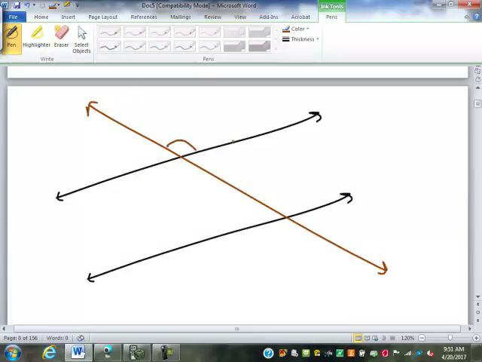If I tell you that this angle here is 127 degrees, I now know all 4 angles around this section here because of the supplements and vertical angles. I'm going to call them 1, 2, and 3. Which angle has to equal 127? 3.